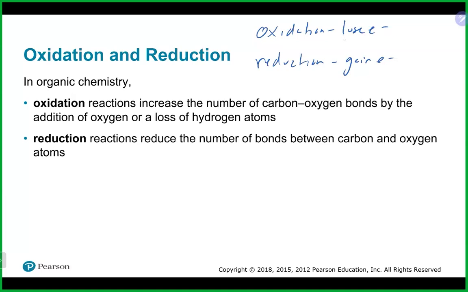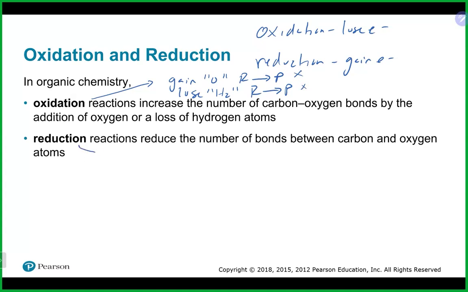So oxidation also means that you gain oxygen as you go from reactants to products. So if you look at something on the reactant side to the product side, it will gain oxygen. Another definition of oxidation is something that will lose hydrogen, H2, as you go from reactants to products. So in organic chemistry, these are pretty much the two definitions that we look at when we're talking about something going through an oxidation reaction.